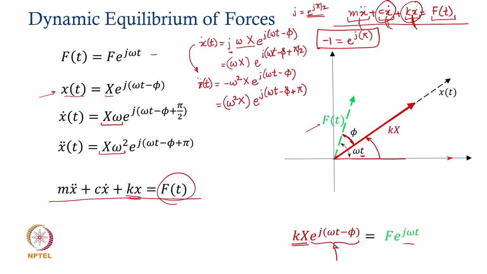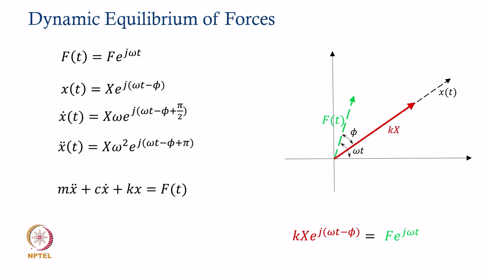What about the damping force? The second one is this damping force, which is going to be C x omega e to the power j omega t minus phi plus pi by 2. Plus pi by 2 is an additional phase we have to add to the phase of the response, which means the vector will get oriented 90 degrees ahead of the response x, and therefore the dissipating force will get aligned like this.